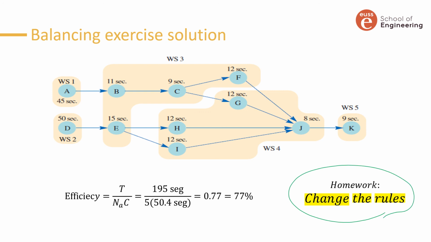In the example that we solved, the primary rule was the highest number of following tasks, and the secondary rule was the longest task time. Now, your primary rule is the longest task time, and the secondary rule will be the highest number of following tasks. Please solve it and report the efficiency that you find in this example.